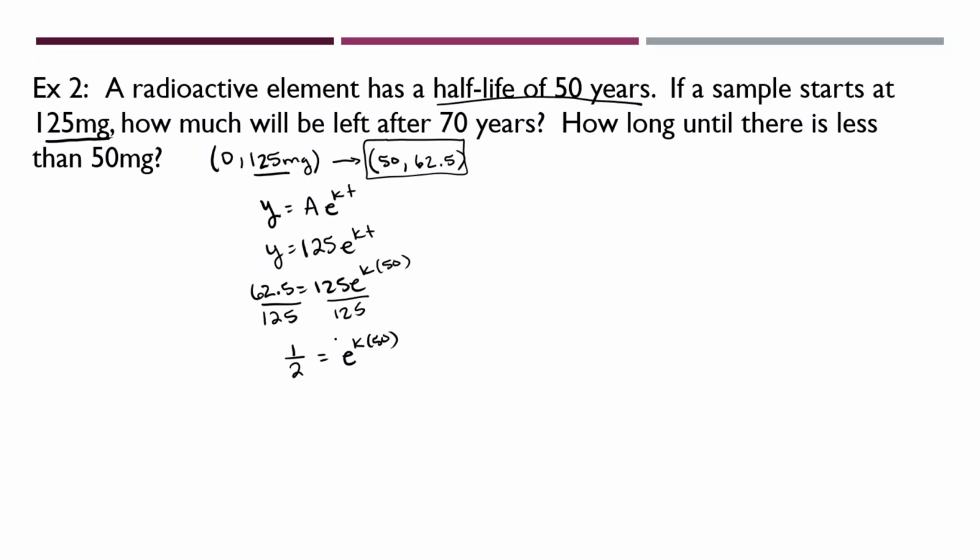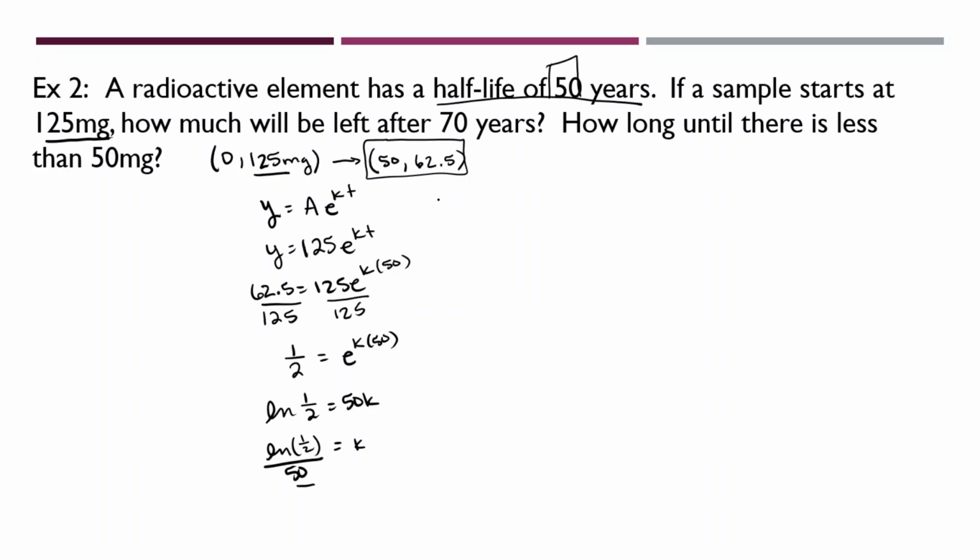So every half-life problem is going to end up in the same form. So I can undo the exponential by taking the natural log, and k will equal the natural log of a half divided by 50. So our k will always be of this form. The log will always be of a half, and the 50 is based on that half-life of 50 years.